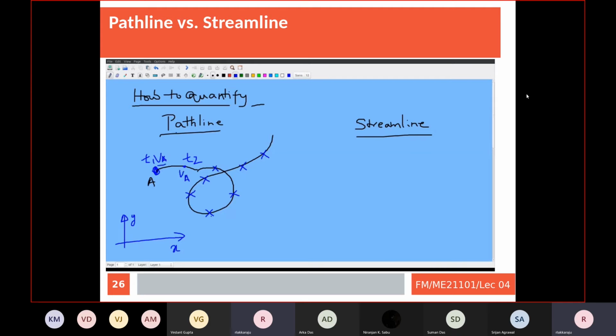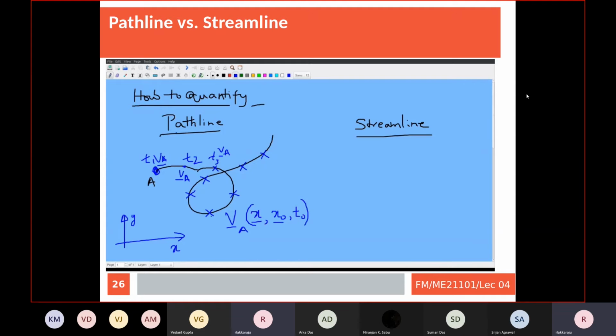Again, the velocity of that fluid particle VA at time t2, and the velocity of that fluid particle at time t3, which is again VA. The VA value might be different. The notation we show is the velocity of that fluid particle A, which originated at a given location x0 and time t0, traversing different locations.